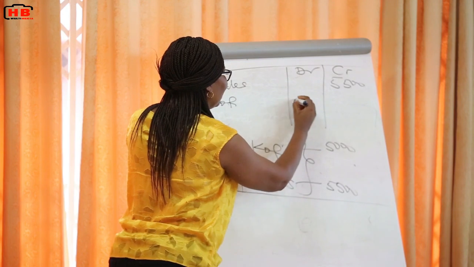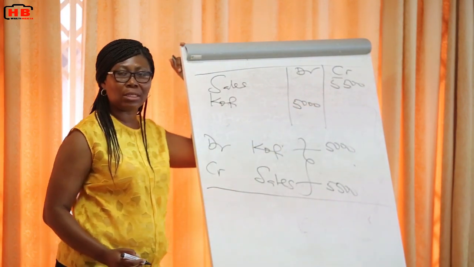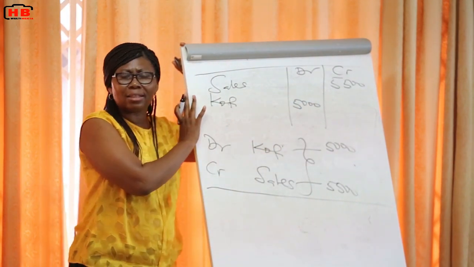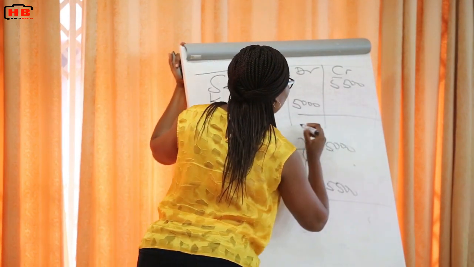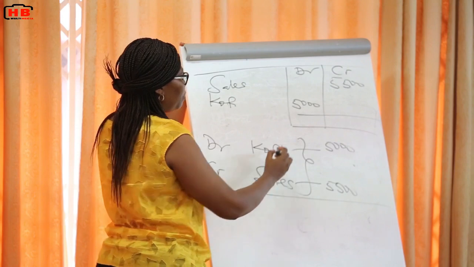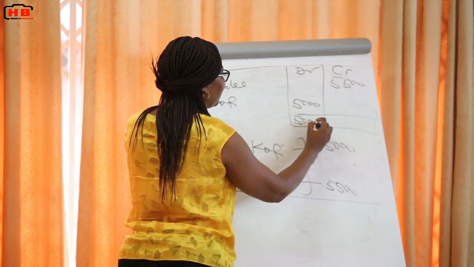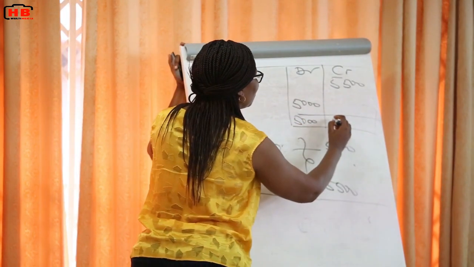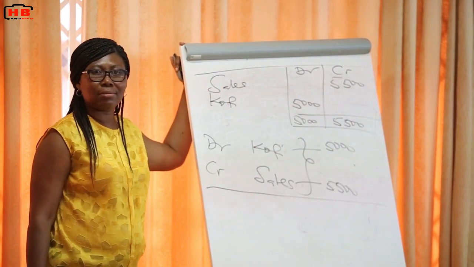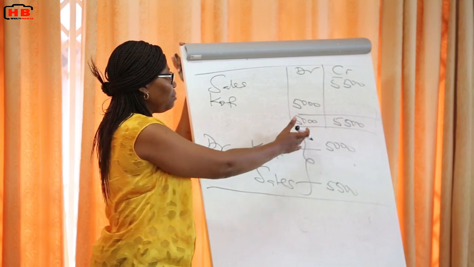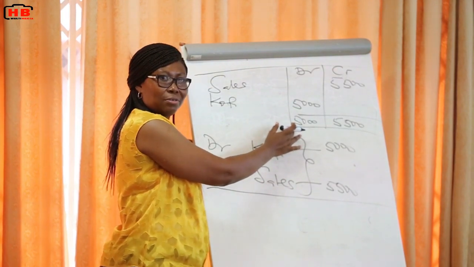On the debit side, 5,000. Is that not it? Yes. Let us assume these are the only transactions. So at the end of the period, in the trial balance, the debit is 5,000, the credit is what? 5,500. So there is an imbalance of 500.